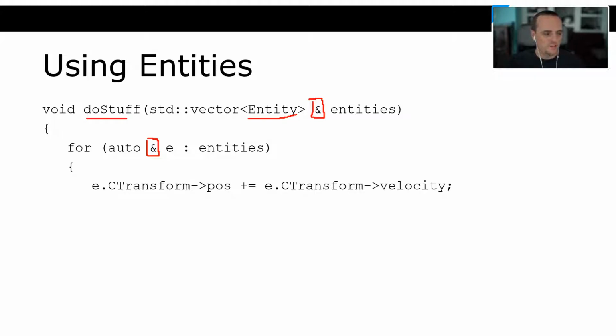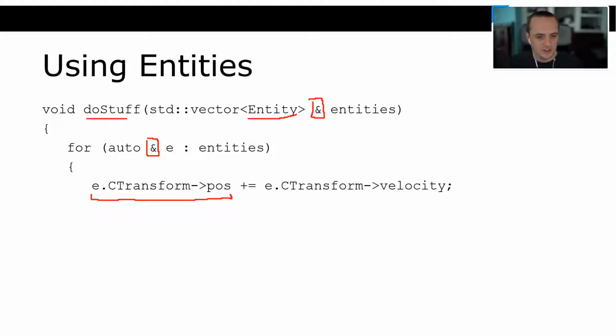Let's say I want to set the position of the entity. The entity has a velocity and also a position. In order to update the entity's position in the world based on the velocity, all I need to do is, for each entity, take its position. So I can say e.ctransform.